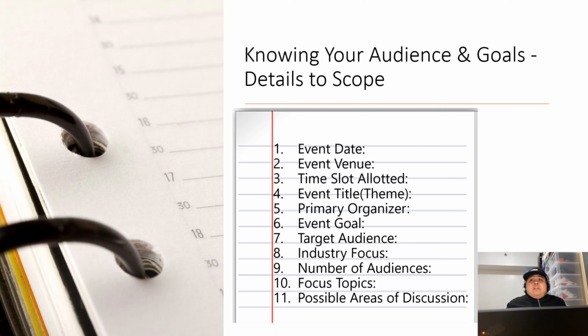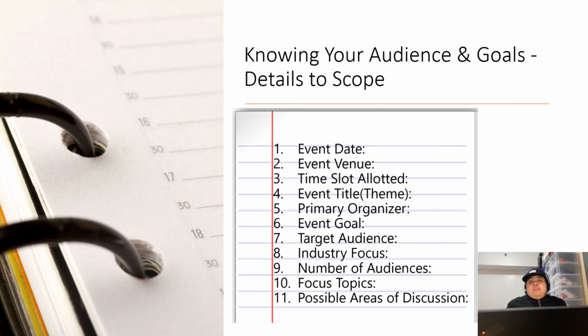So whenever someone is inviting me to an event, whether inside Microsoft or outside Microsoft, I always see to it that I'll be sending this list so that I would have early information of what my audience is and what are the things that I should or probably should not be talking about.